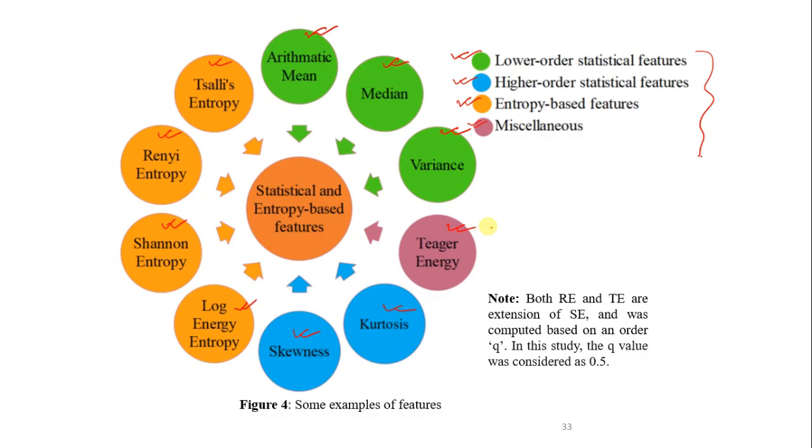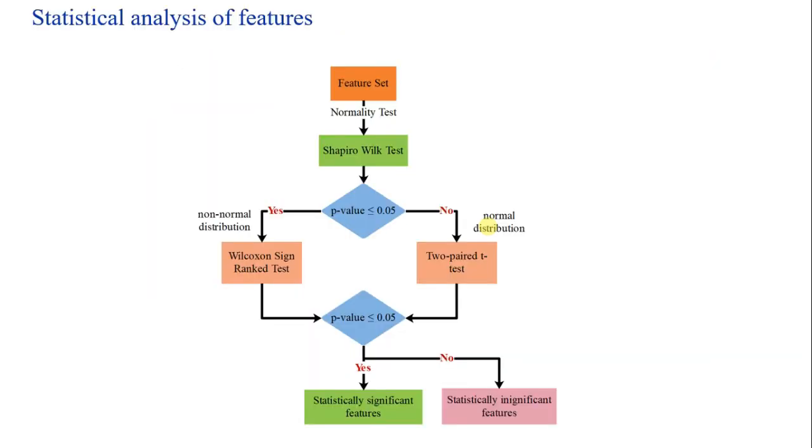Now coming to the statistical analysis, in the last class, Biomedical has given you a nice demonstration of how to analyze the data, and the same thing comes over here also. You get the feature set, then you perform the normality test. From the normality test, you can go for the Shapiro-Wilk test to find out whether your data is normal or non-normal.